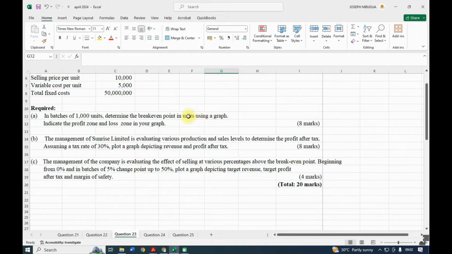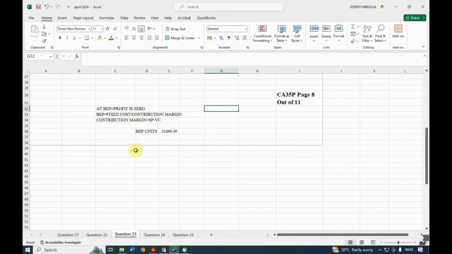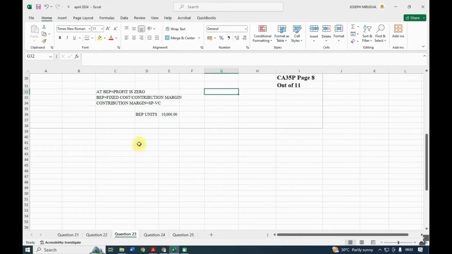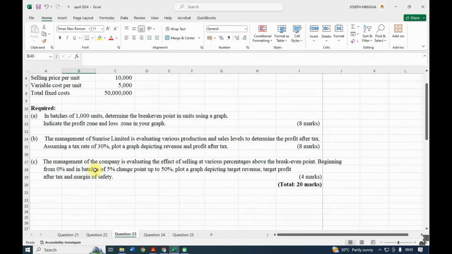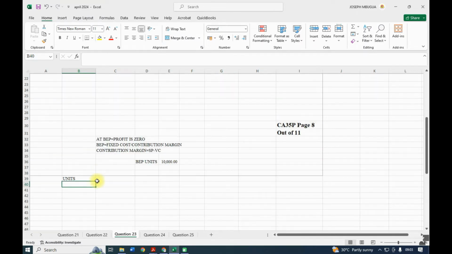So to get a graph, we need to have the production or the units. We shall have the units, and we're producing in batches of 1,000.